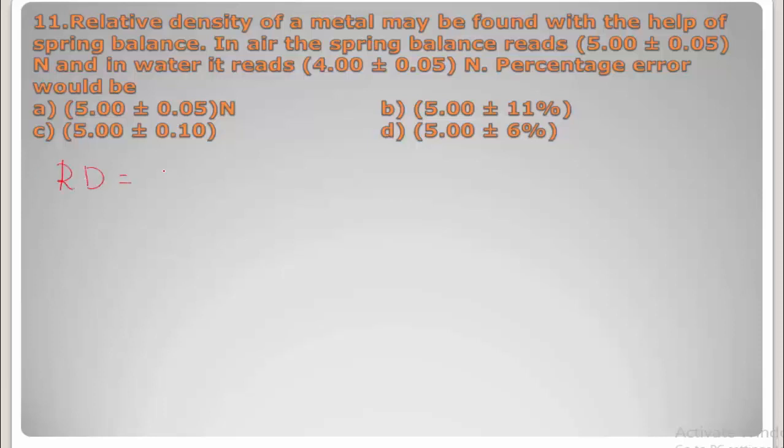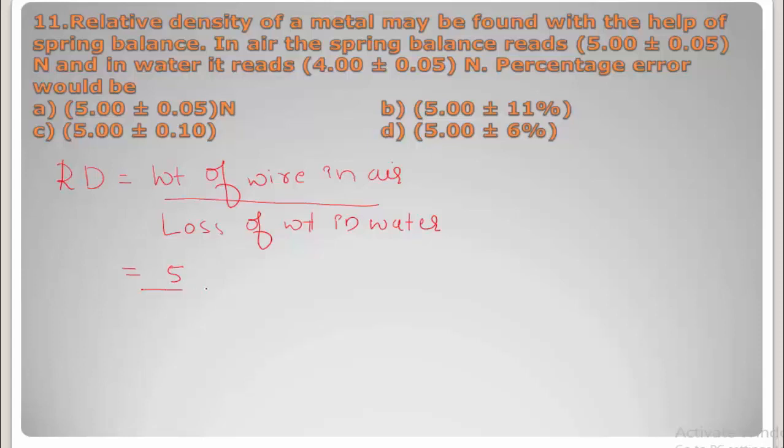So the relative density is equal to weight of wire in air divided by loss of weight in water. Okay, so this is the relative density. Now weight of the wire in air is 5, divided by loss of weight in water.